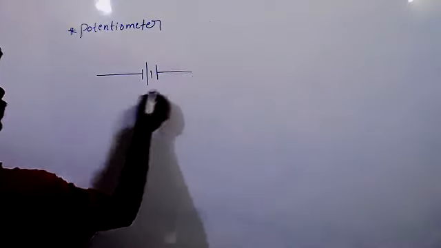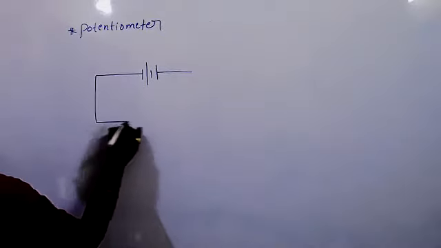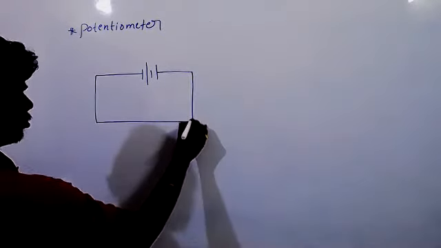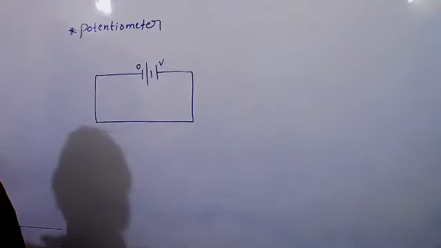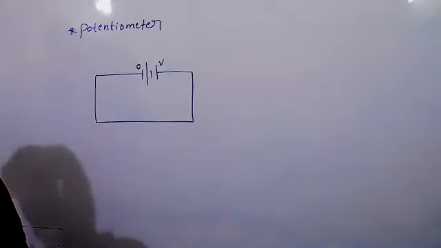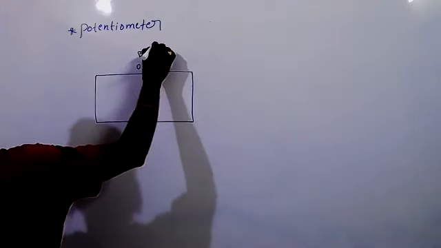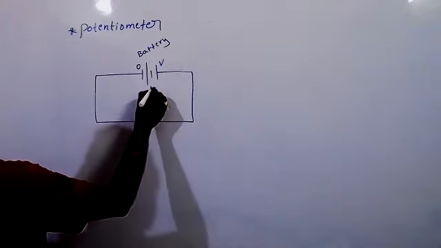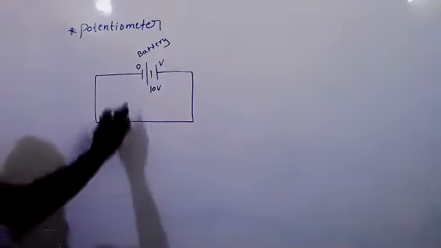Some important points you are going to learn here. Zero and it is V. So one battery, take 10 volts. So 0 to 10 volts, smaller and higher.